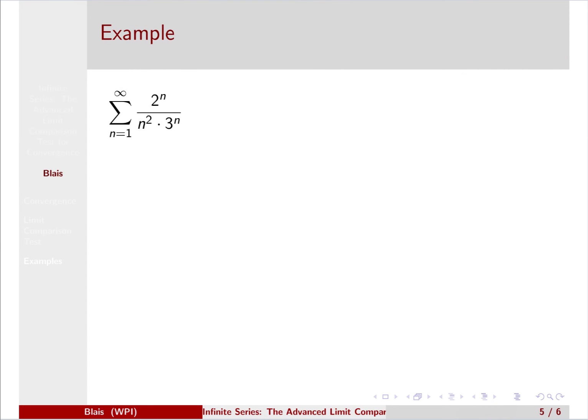So, how might we use this? Here's an example where we could use this version of the limit comparison test. Note the sum n going from 1 to infinity of 2 to the n over n squared times 3 to the n. We could rewrite this as the sum n goes from 1 to infinity of 2/3 to the n times 1 over n squared. And when we look at this, we could think, well, if that 1 over n squared was not there, what would this be?